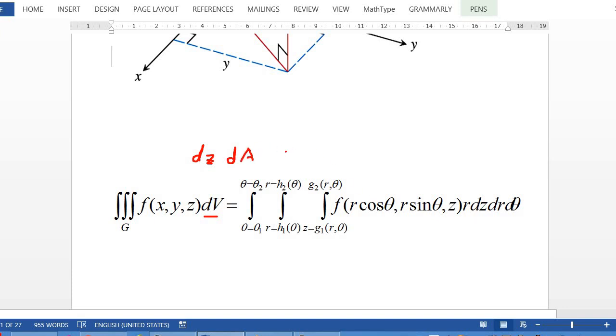In polar coordinates, as you have learned, dA is actually r dr d theta.